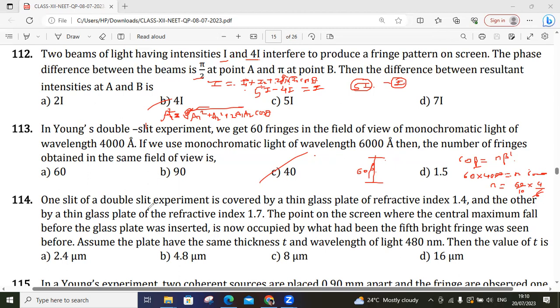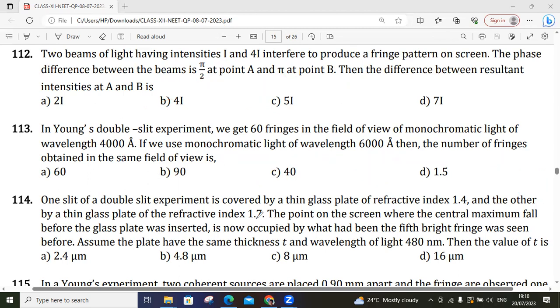Then next question. One of the slits of a double slit experiment is covered by a thin glass plate of refractive index 1.4 and the other by a thin glass plate of refractive index 1.7.